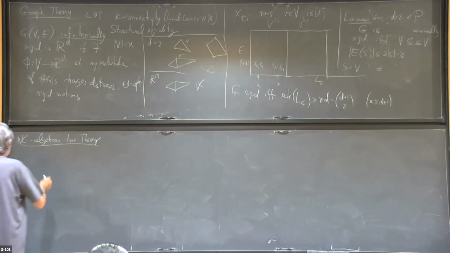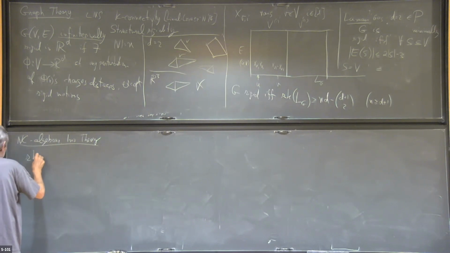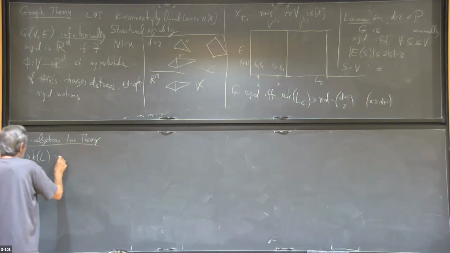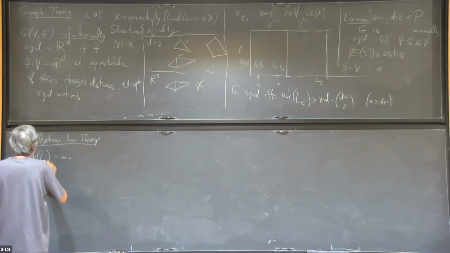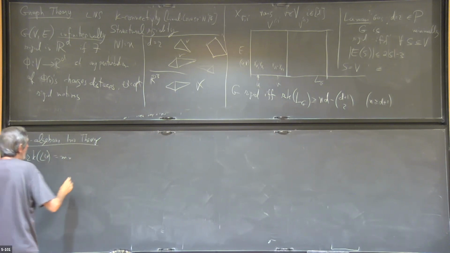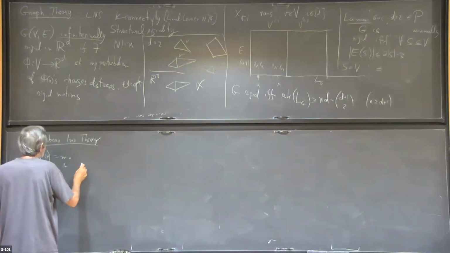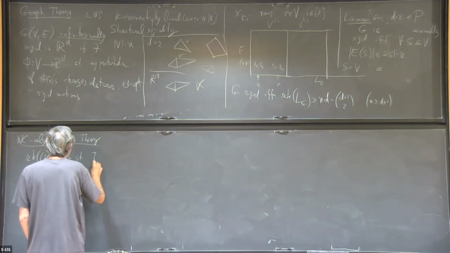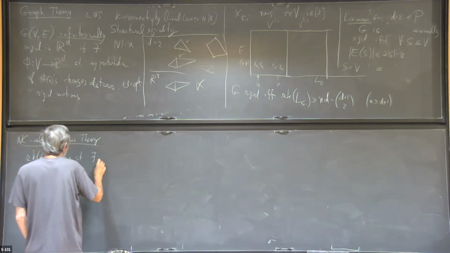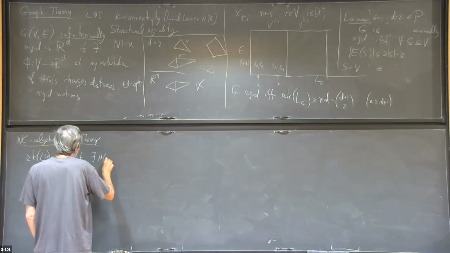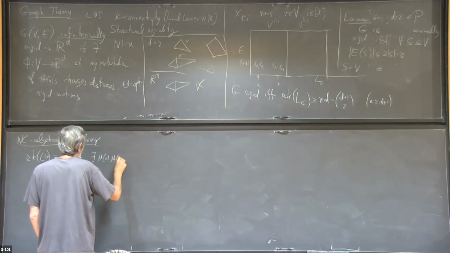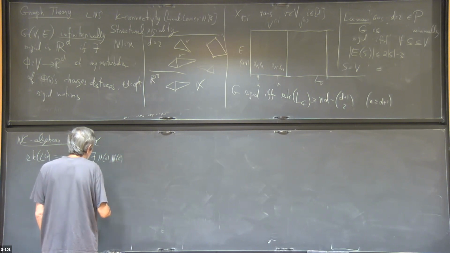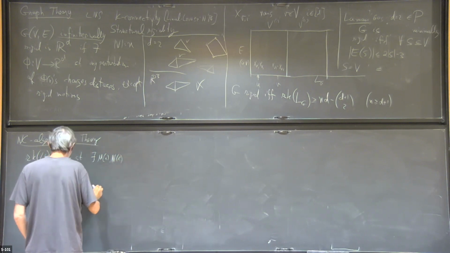So the rank of L, that's a linear space, is the minimum R such that there exist matrices.